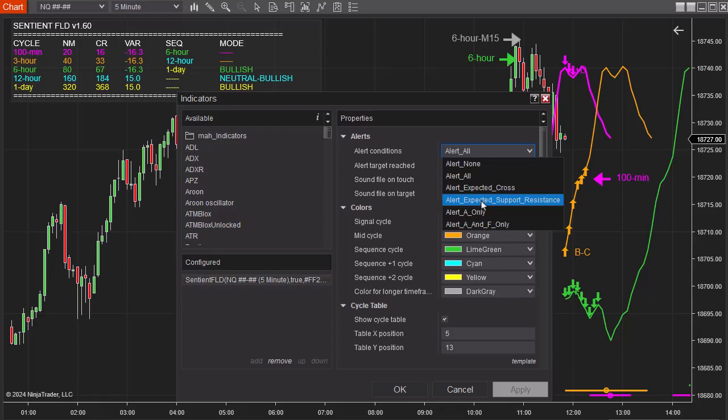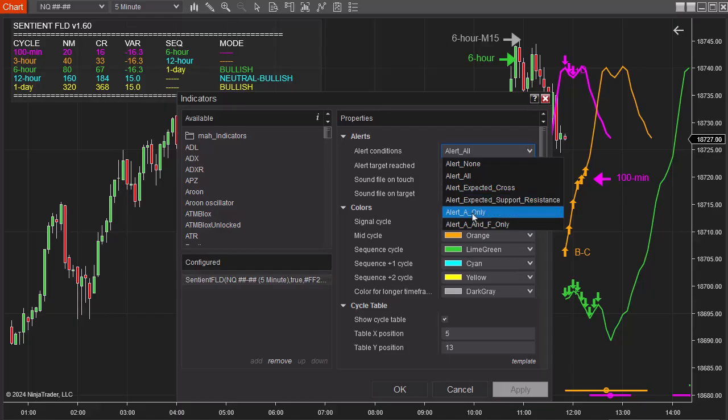When we discuss trading with the indicator, you will discover that there is an approach to trading the FLD which does not trade price crossing the FLD, but actually waits for price to find support or resistance at the FLD following a price cross. That provides us with a high probability trading opportunity.